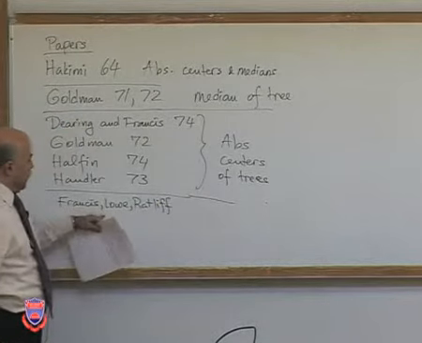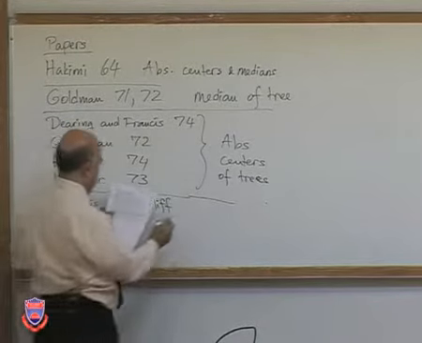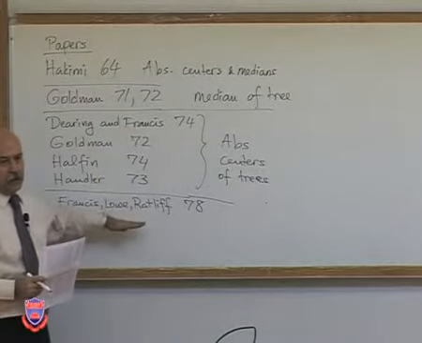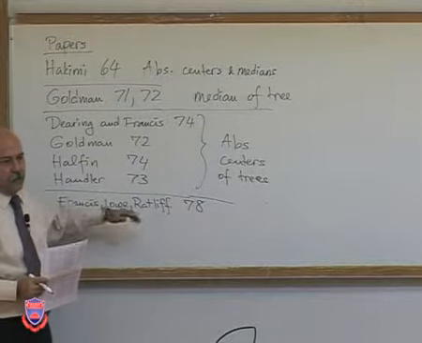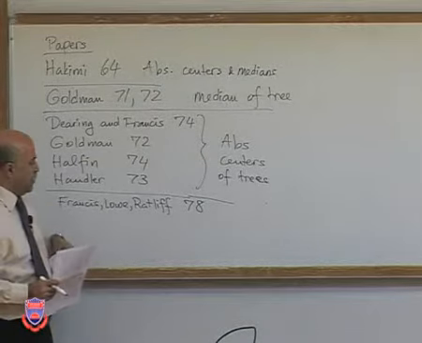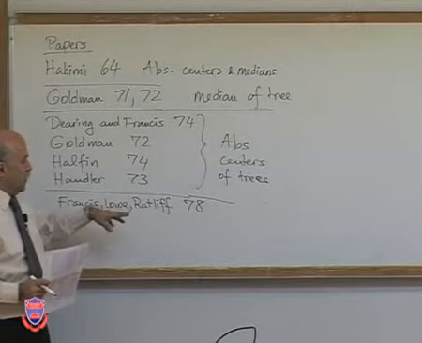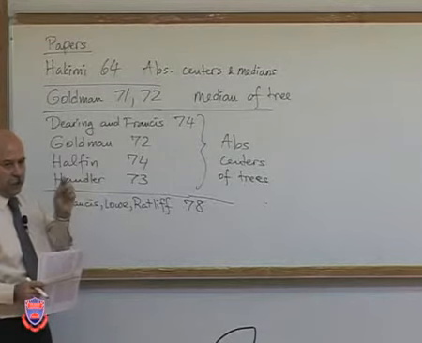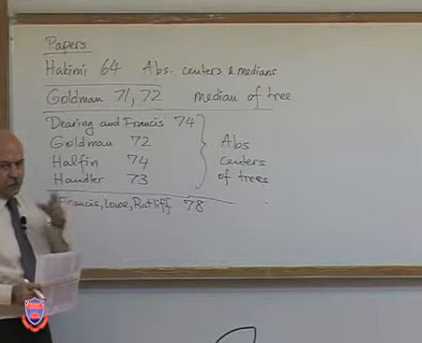The paper by Francis, Lauer, Ratliff, 1978, that's on distance constraints, a special case of which is the single facility distance constraint, and the neighborhood problem and the composite neighborhood representation algorithm.